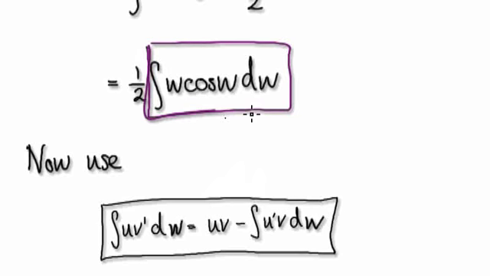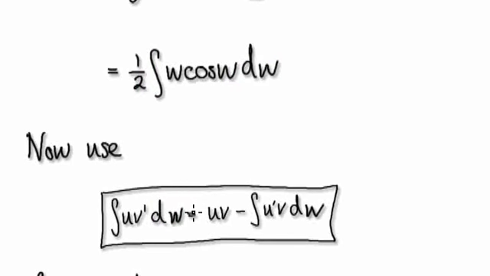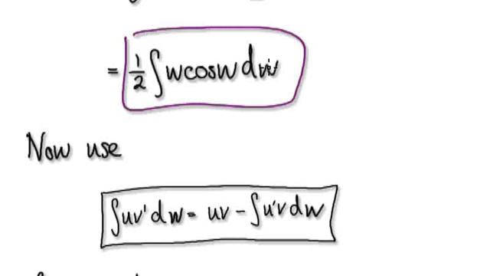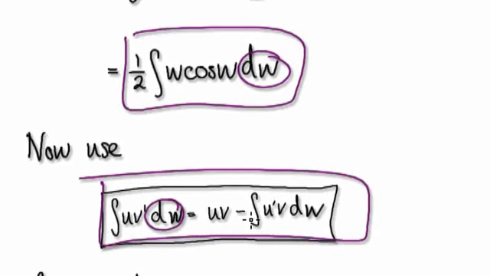So it would be this here would be dw. Okay, so now we need to evaluate this with respect to dw.